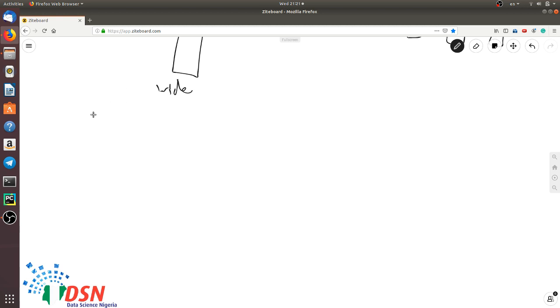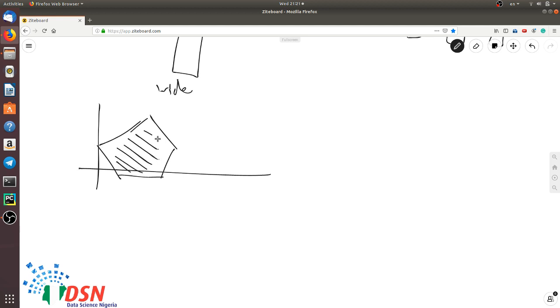To get the intuition, let's say we want to create this region, this decision boundary, with a neural network.